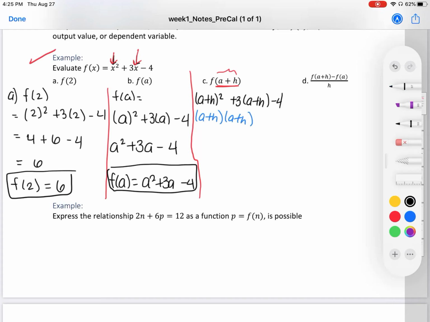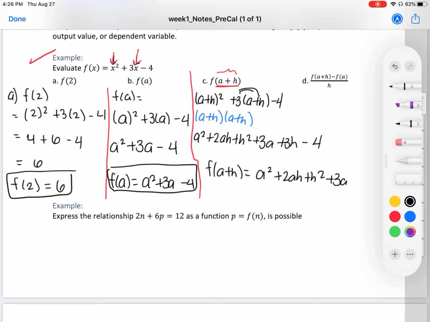From here, you can go on to FOILing to expand, and you should get a squared plus 2ah plus h squared. Now we distribute the 3, so we have 3a plus 3h minus 4. We combine like terms, there isn't anything else to combine, so our final answer is f of a plus h is equal to a squared plus 2ah plus h squared plus 3a plus 3h minus 4.